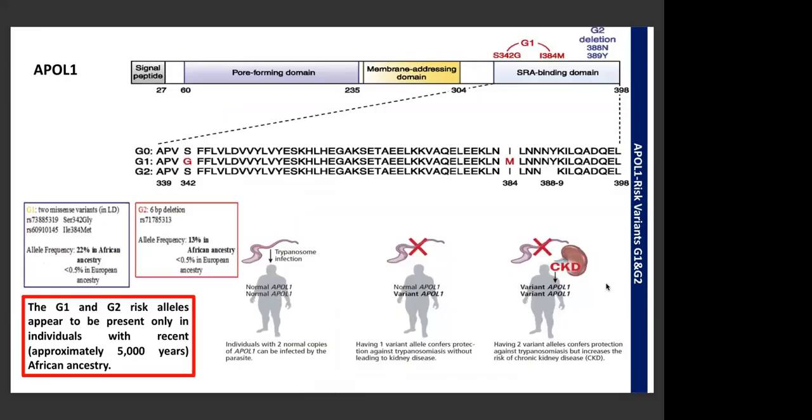After getting this trypanosoma infection, the APOL1 protein also started evolving itself so that it could protect human beings from this infection.